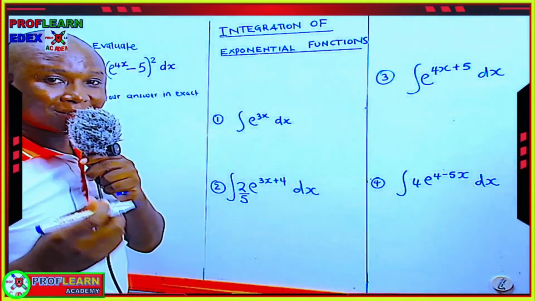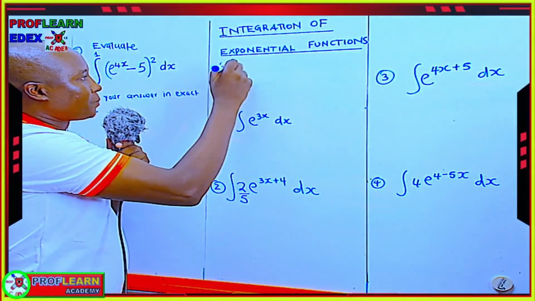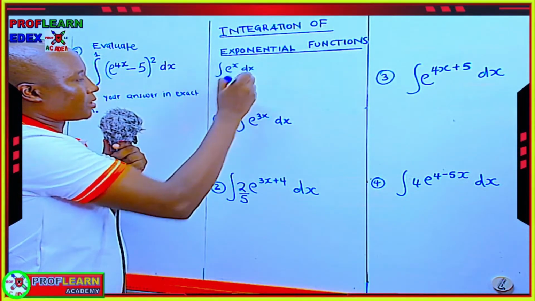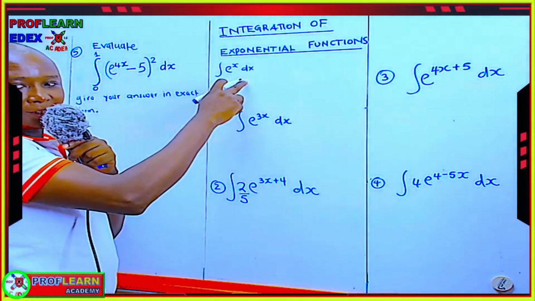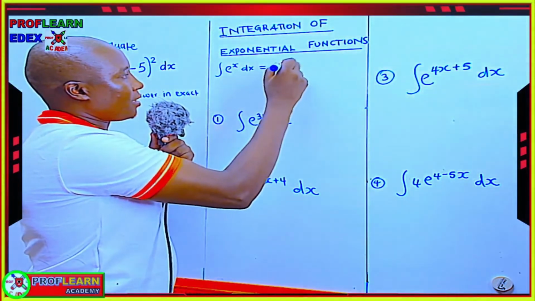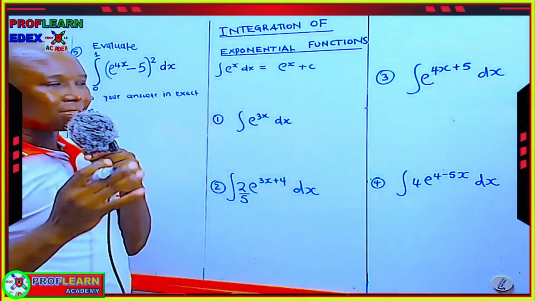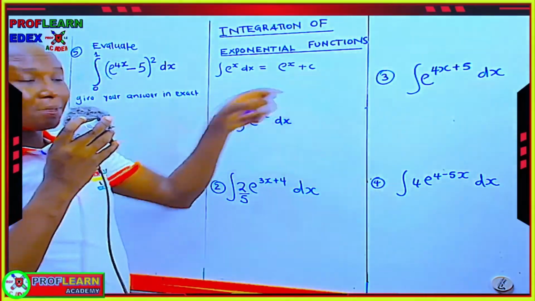Before we perform this kind of integration, let me tell you, if you have e to the power x and you are integrating with respect to x, the result is e to the x plus c, the same function plus c.